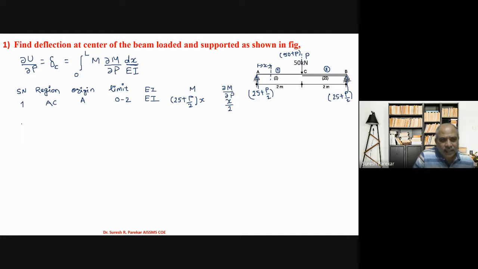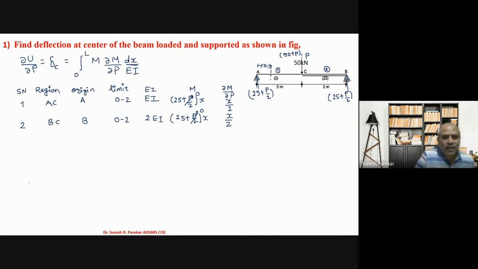Then we will have the second region, which will be BC. Origin we have B, the only change is that here we have to consider 2EI, other things we have as it is: 25 plus P by 2 into X, and ∂M by ∂P we will get as X by 2.